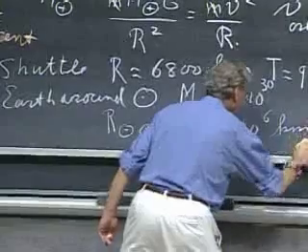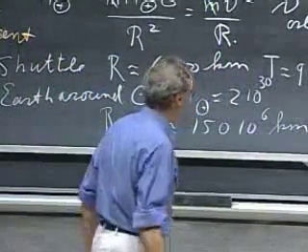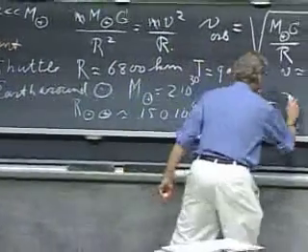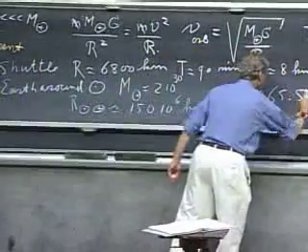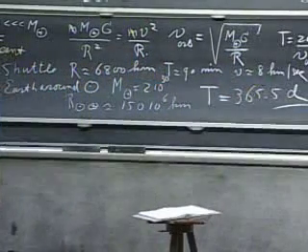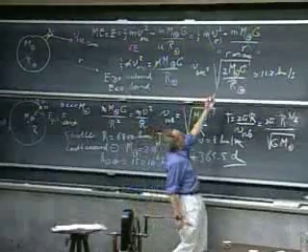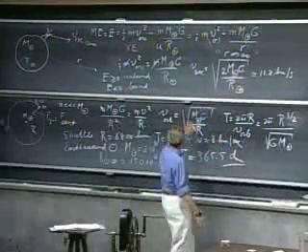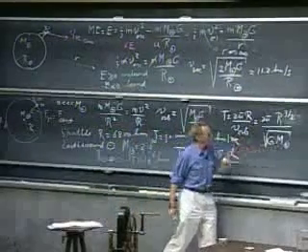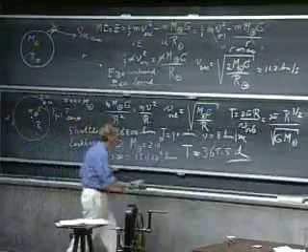Forgive me for mixing up meters with kilometers, but you have to convert that to meters. And when you calculate how long it takes the Earth to go around the Sun, no surprise, you'll find 365.5 days. There's simply substitution of these two quantities in the equations that I have here. The velocity of the Earth in orbit is about 30 kilometers per second.